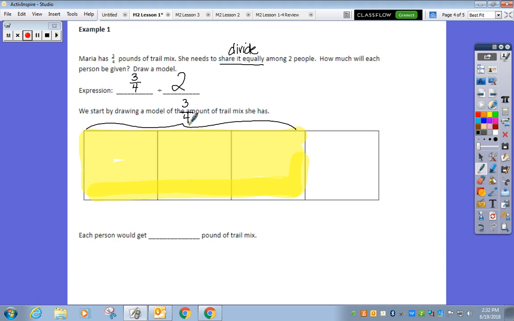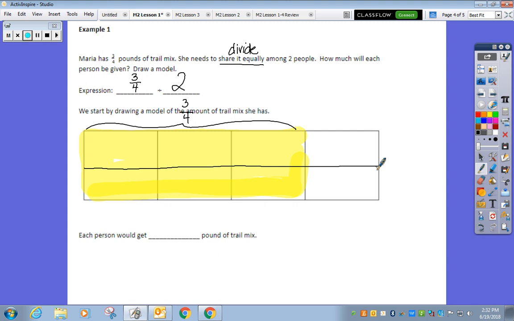Now, since we are dividing by 2, we are going to divide the whole into 2 equal parts by drawing a line horizontally through the picture.